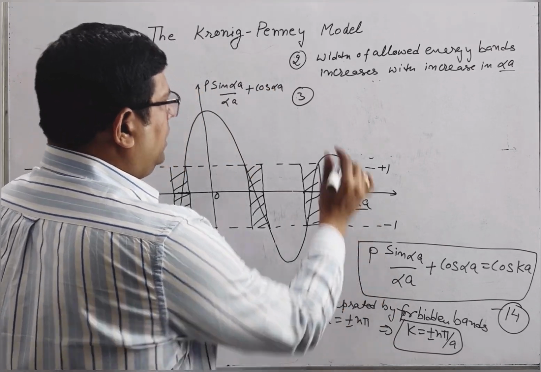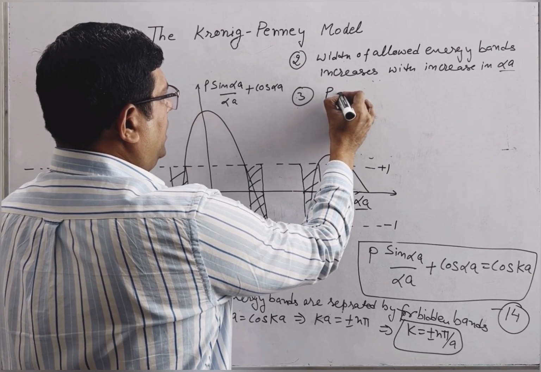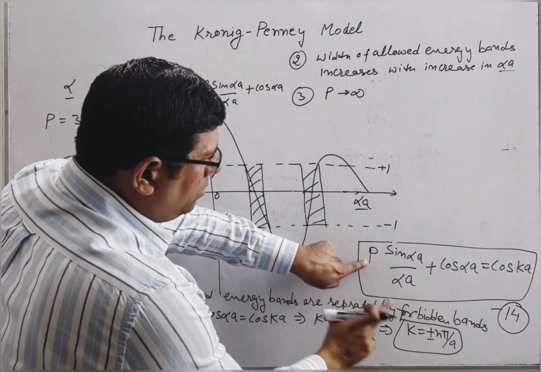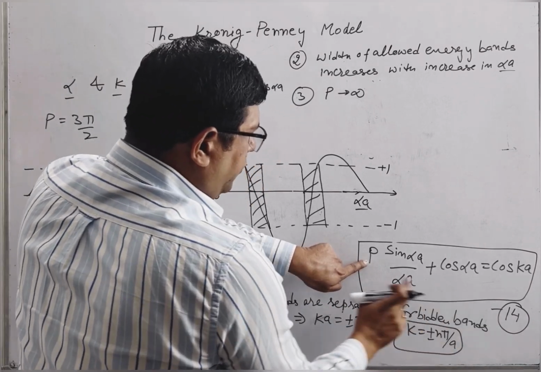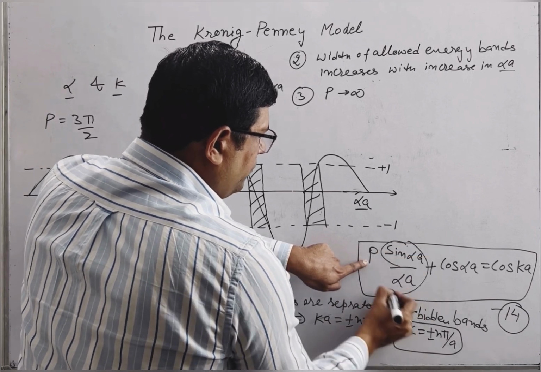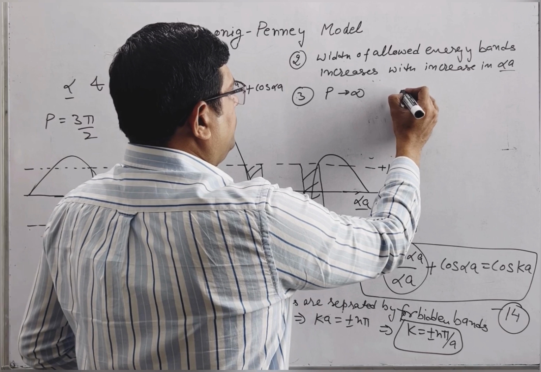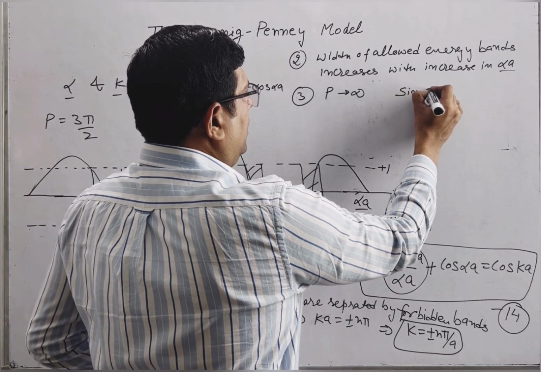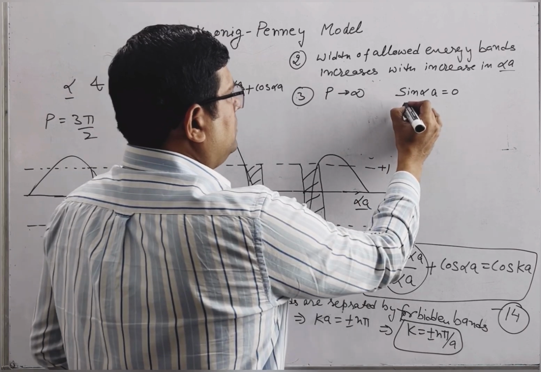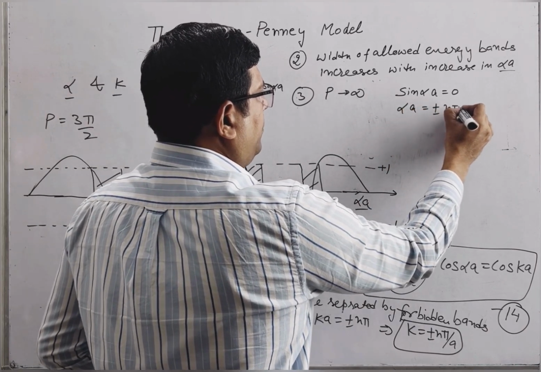So first of all, let P increases and P approaches infinity. If P approaches infinity from this equation number 14, then this term must be 0 and this will be 0 if sine alpha a equal to 0, means alpha a equal to plus minus n pi.